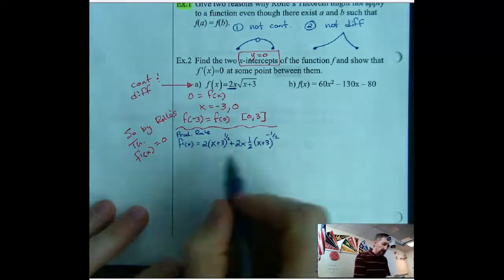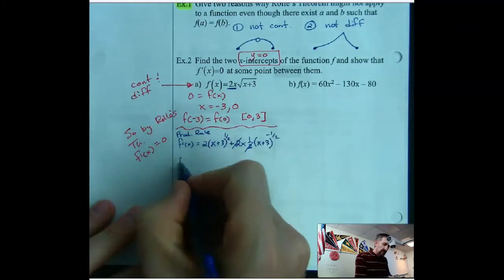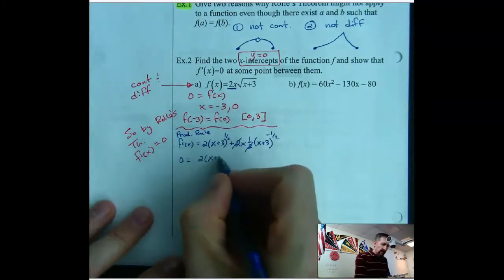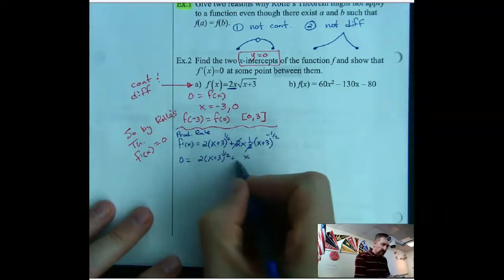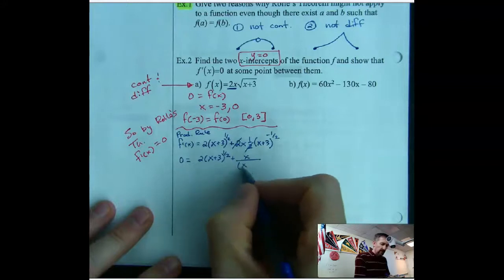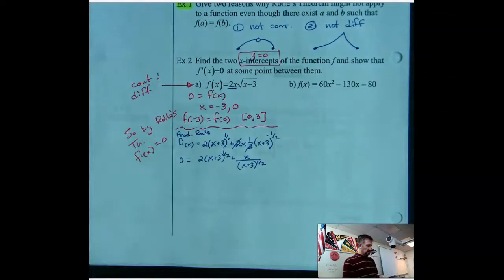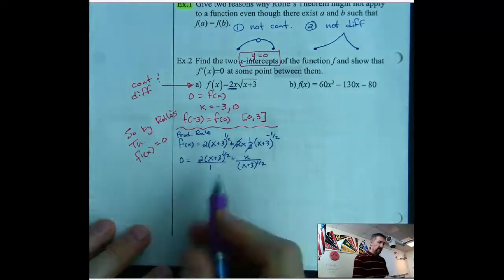Alright, so these 2's are going to cancel, and I'm going to set that equal to 0, and I'm going to deal with that negative exponent over there. It's going to be x over x plus 3 to the +1/2. Okay, so now what we're going to do is get a common denominator here.